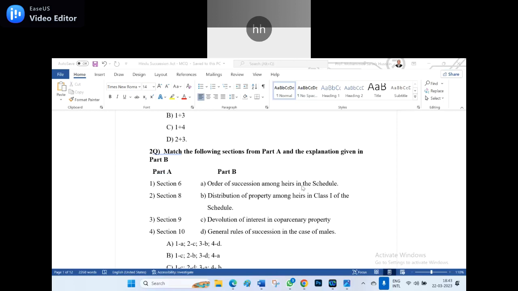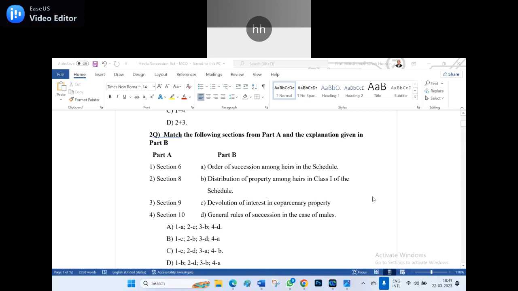In part B: A, order of succession among the heirs in the schedule; B, distribution of the property among heirs in class 1 of the schedule; C, devolution of the interest in coparcenary property; D, general rules of succession in case of males.